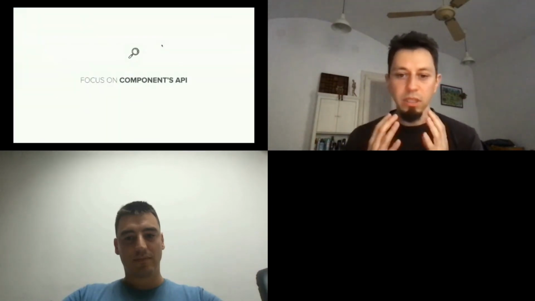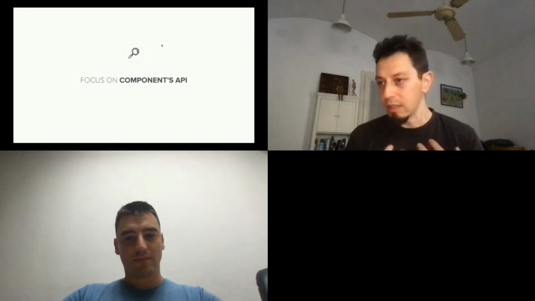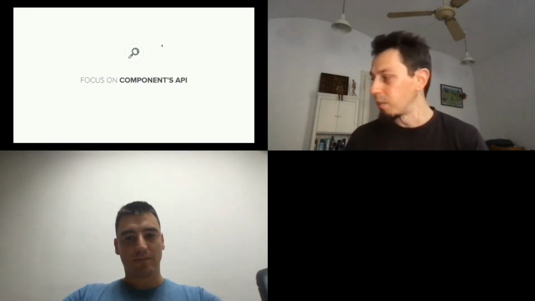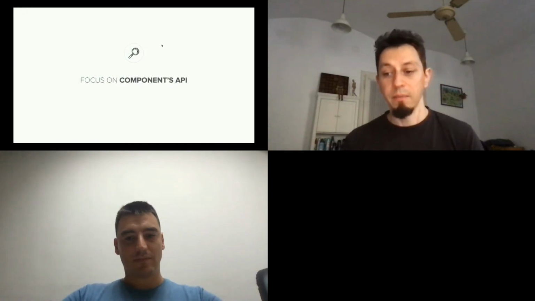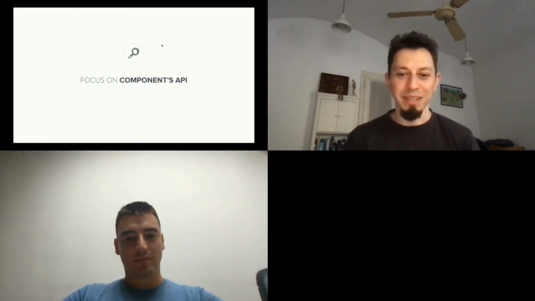The types of the props, the values that they receive, the name of the component maybe is not very intuitive. So we get to experiment how the component is actually used by any consumer, which really improves the component's API. This is a personal observation that I have, that I write better components when I develop them in isolation.